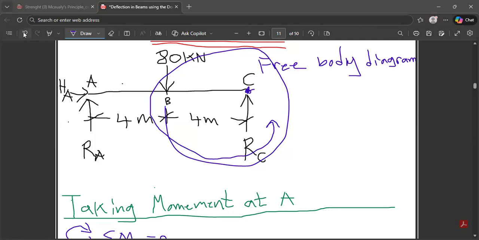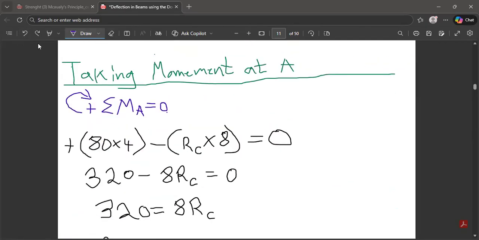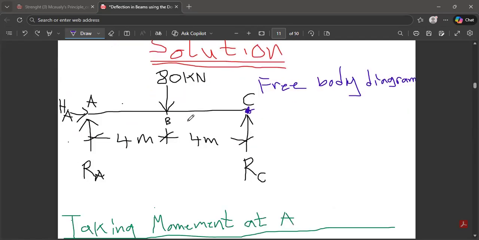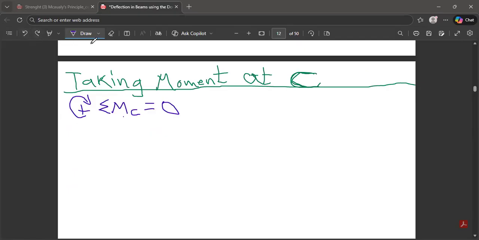Since you are going anti-clockwise, it implies that it is definitely going to be negative. So, negative 80 times 4.